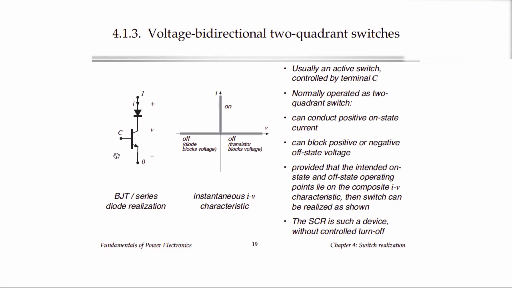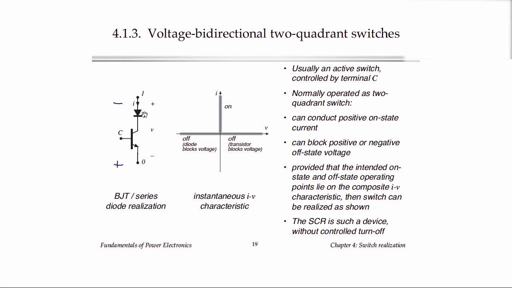So here is one well-known way to do it, in which we put a diode and a transistor in series. So if the voltage is negative and we want the switch to be turned off, so if we have negative to positive, in this case, the transistor isn't designed to be able to block any significant amount of negative voltage.